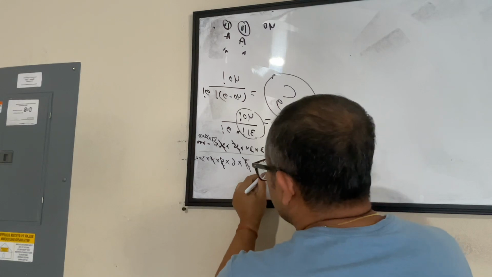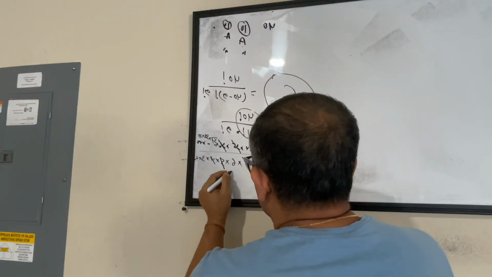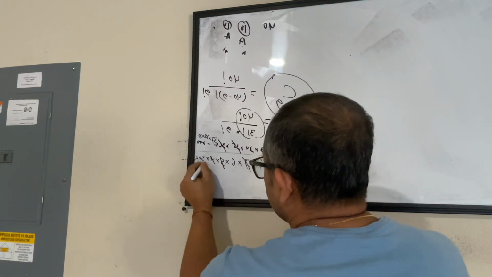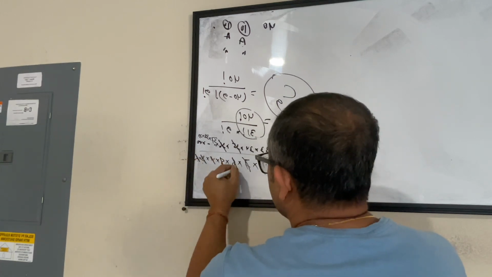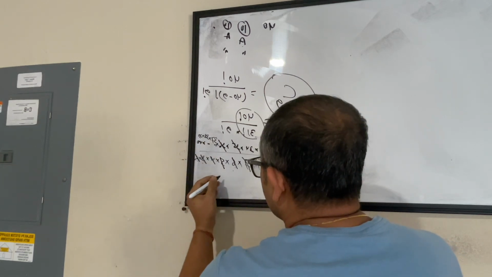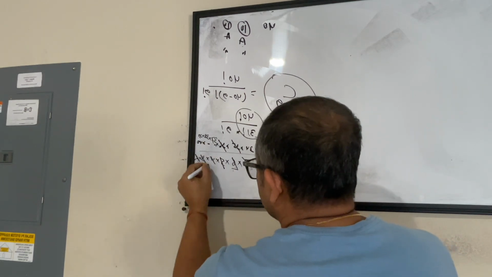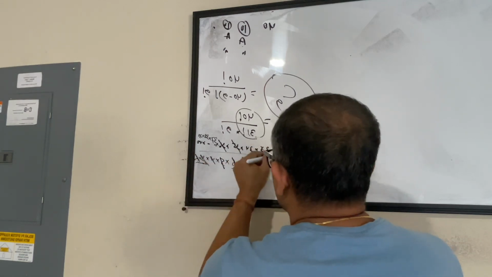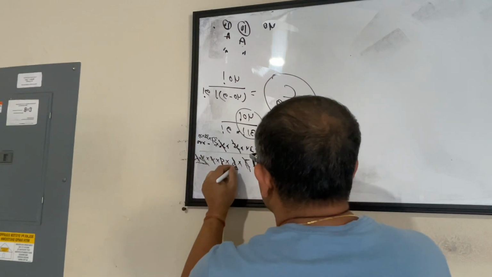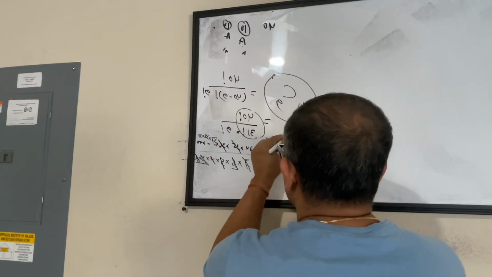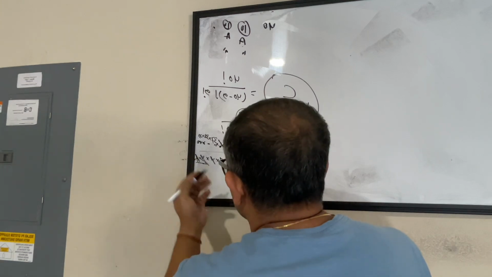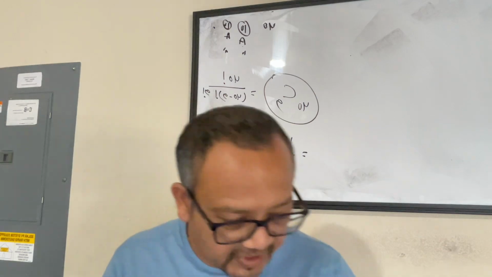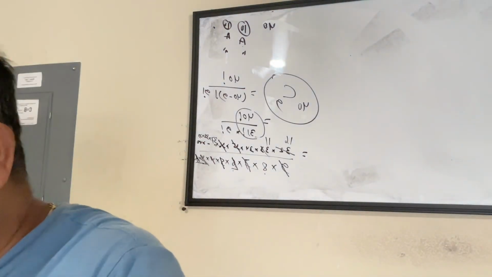Then, 6 times 3 is 18, 2 times 18 is 36, so I can knock off 36, which is already gone. 3 times 2 is 6. I've created some mess, so forget about this.